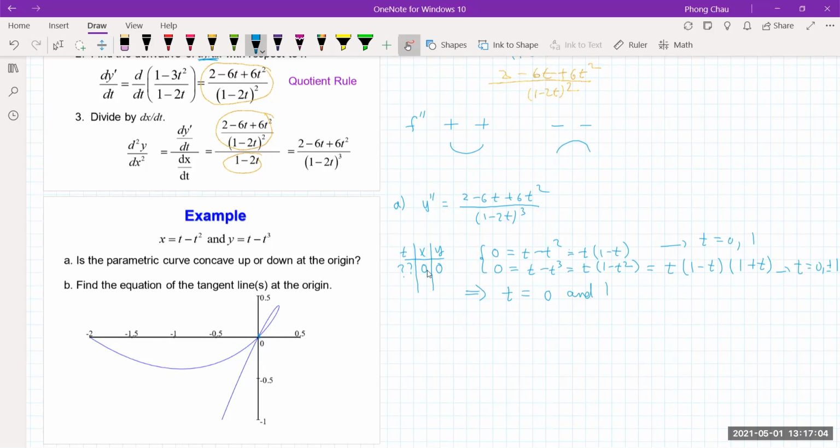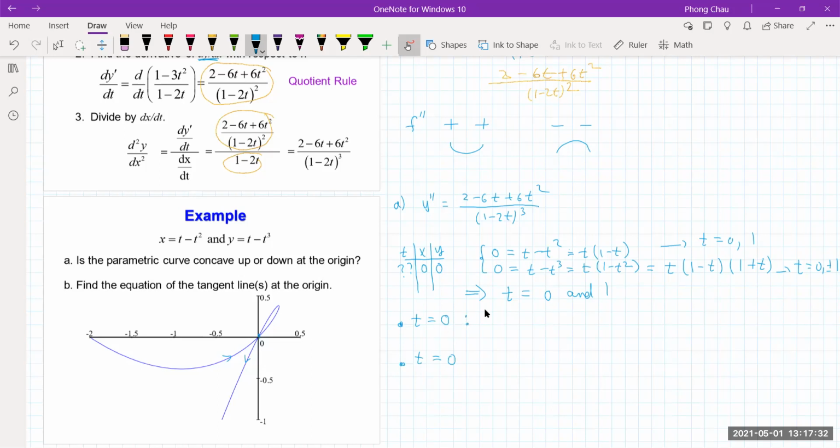So we have two cases, t equals 0 versus t equals 1. In fact, t equals 0 is when the graph is on the way up, and t equals 1 is when the graph is on the way down. That's why we can have two answers here.